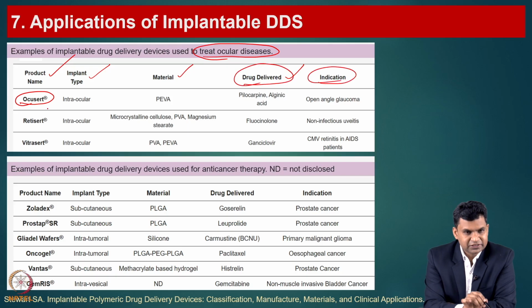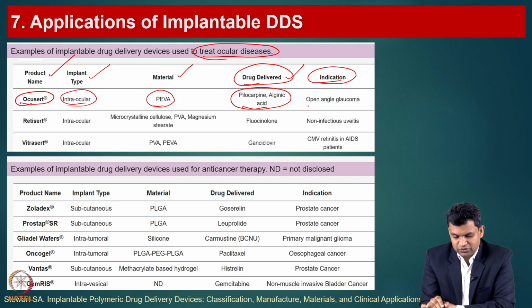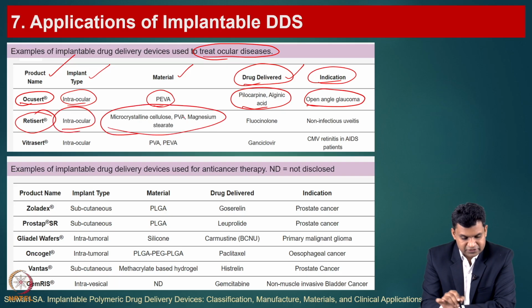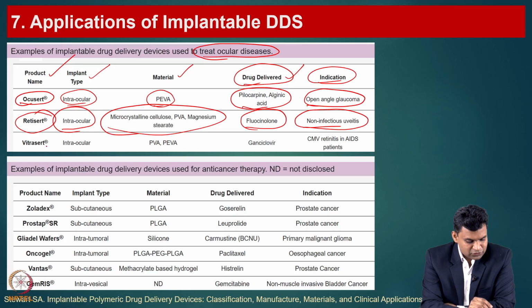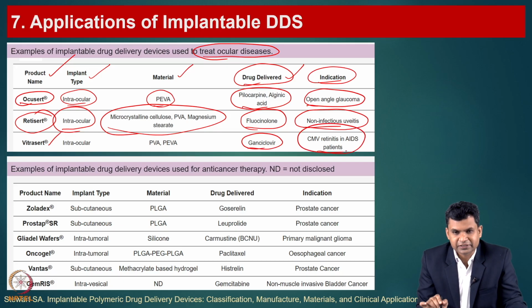Now, you can see Accusert, for intraocular treatment, which contains polyethylene vinyl acetate; these are the drugs and polymers used, and it is used for glaucoma treatment. We discussed Retisert, again intraocular, containing various materials, for non-infectious inflammatory diseases. And also Vitrasert, whose drug is ganciclovir, for cytomegalovirus retinitis.